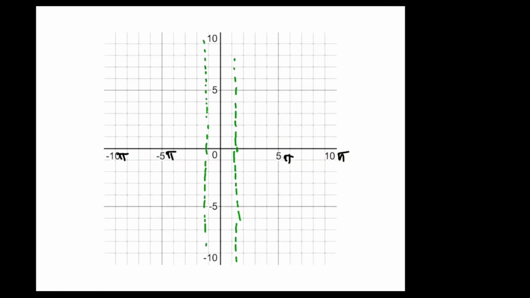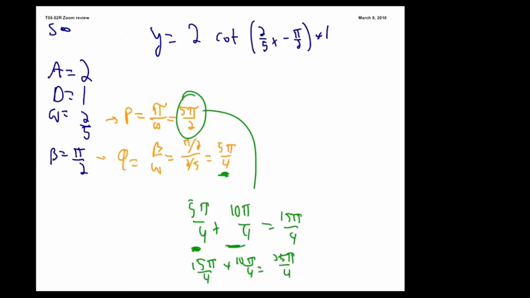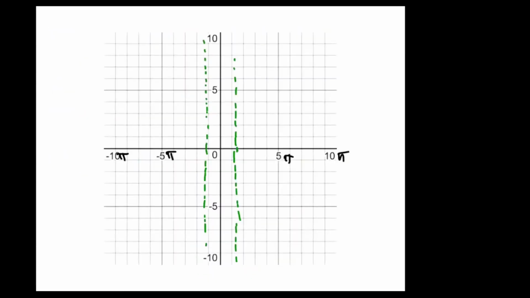It should be this distance over again, right? Now I'm going to get myself a little confused. That's 5/4, and it's 15. Should we change the scale?